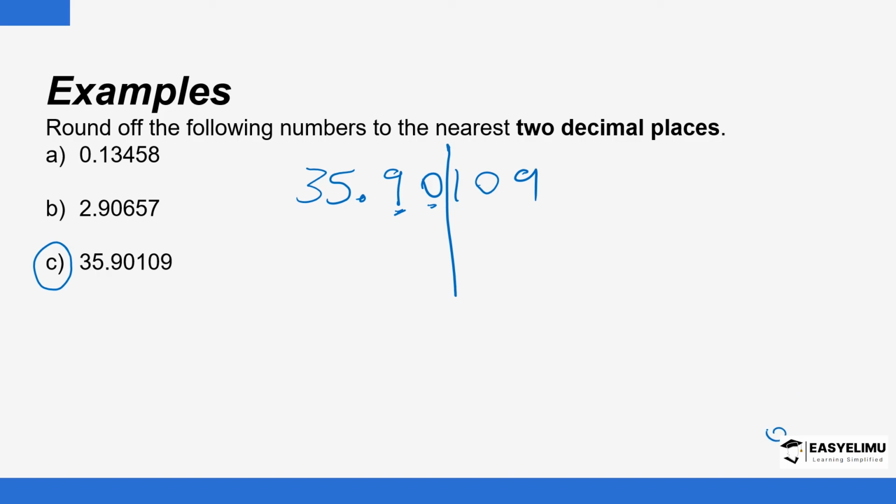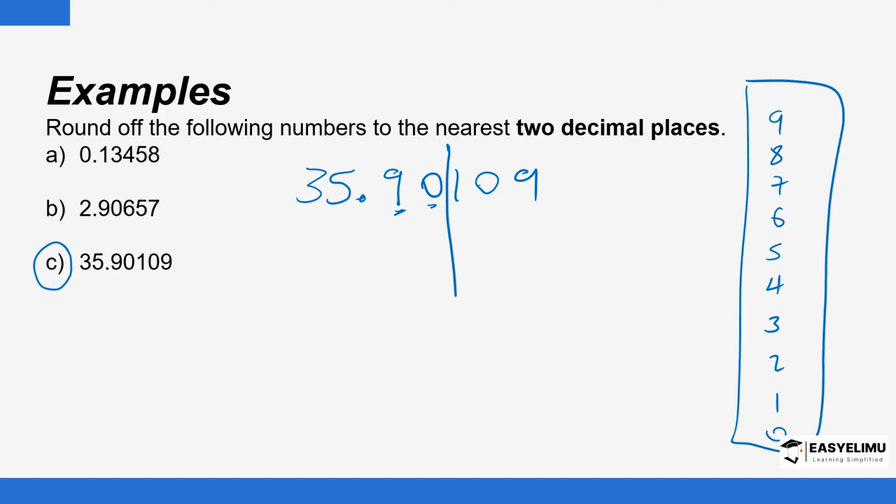So we have our digits 0, 1, 2, 3, 4, 5, 6, 7, 8, 9. So we have all these in the lower category, and we have all these in the upper category.